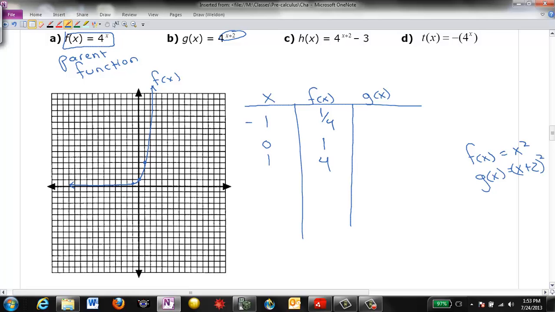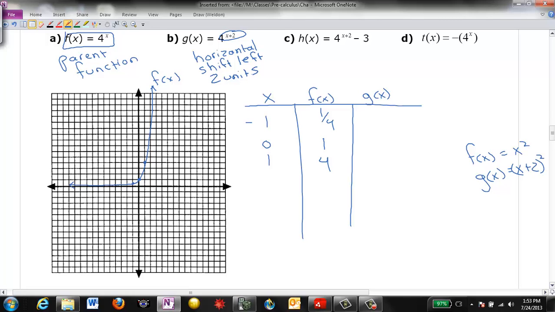We're replacing x with x plus 2 and looking at what happens. You'll remember that this was a shift. All right, so this is a horizontal shift to the left, 2 units.